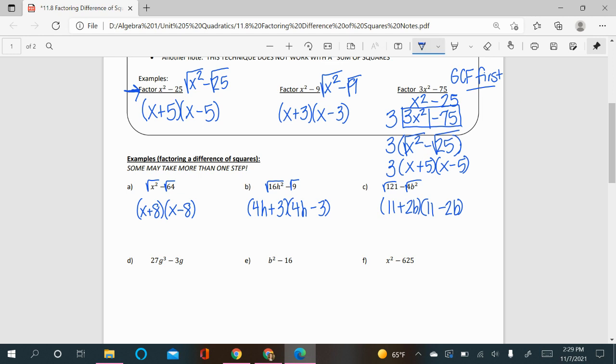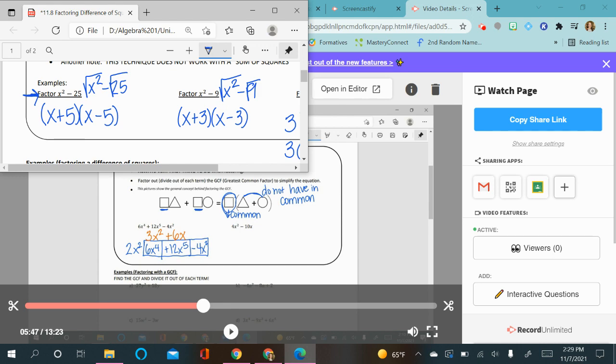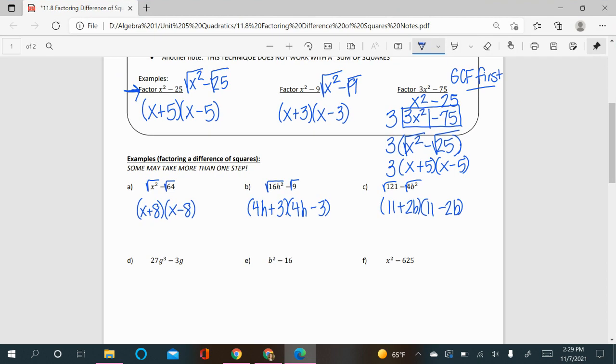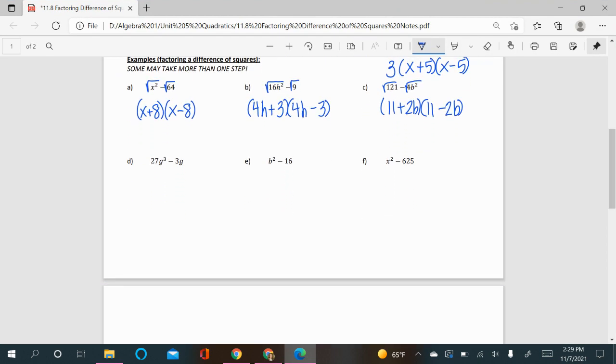All right, when you look at this one, 27 and 3, not a perfect square. So we need to look for that GCF. I can divide these both by 3. This one has a g to the third, and this one has a g to the first, so that g to the first will come out.